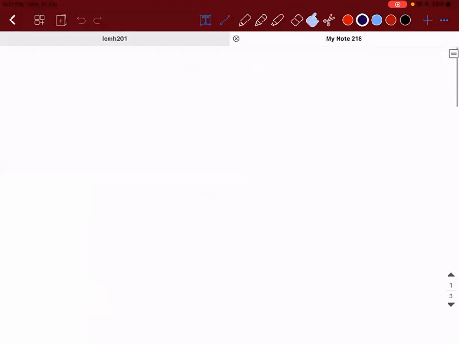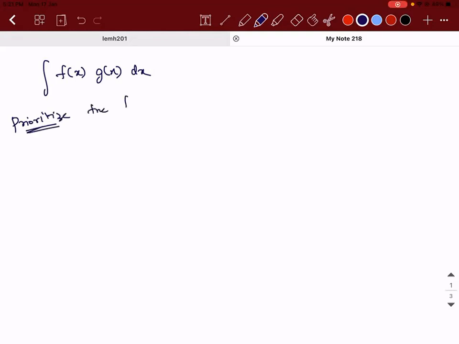So, integral of f of x into g of x dx. Here, I need to prioritize. So, the importance is to prioritize the functions.